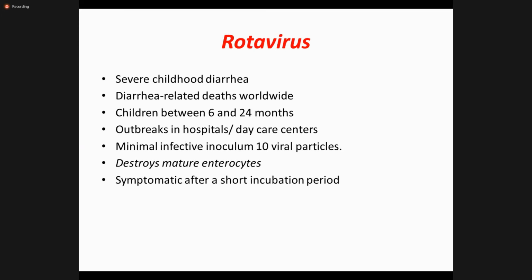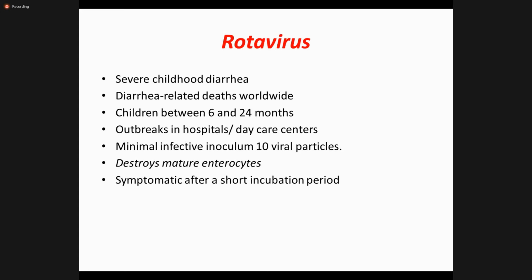Rotavirus is a double-stranded RNA virus, and it belongs to the family Reoviridae. Like I've told you, they are notorious for causing diarrhea in children. And what they do is destroy intestinal cells, the enterocytes.